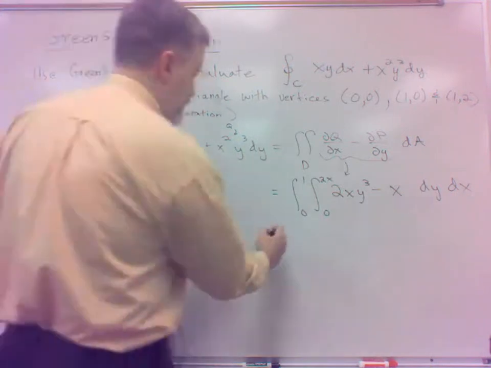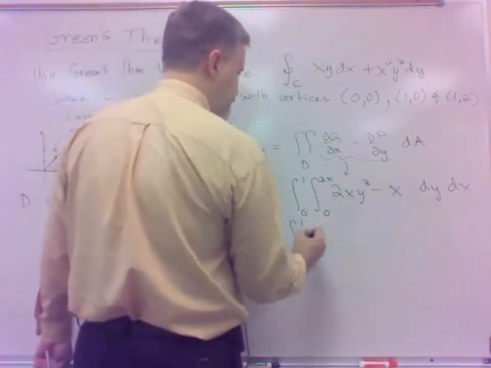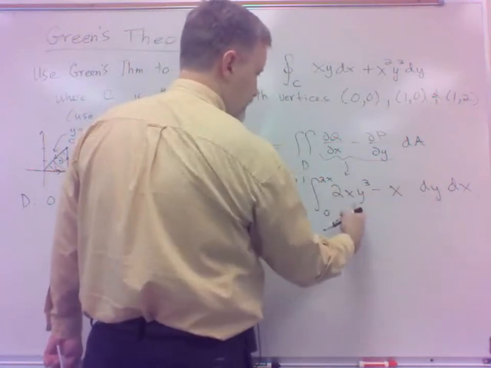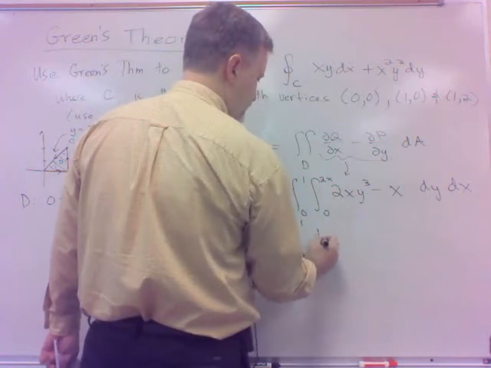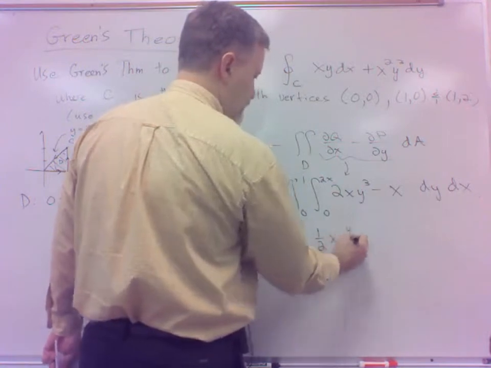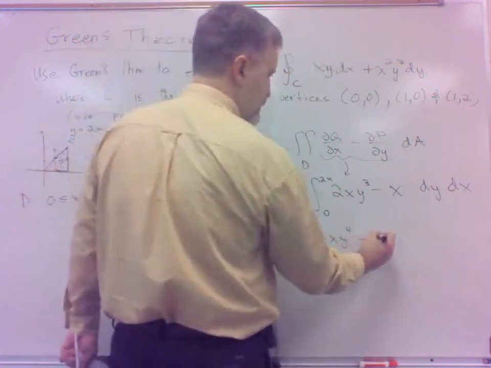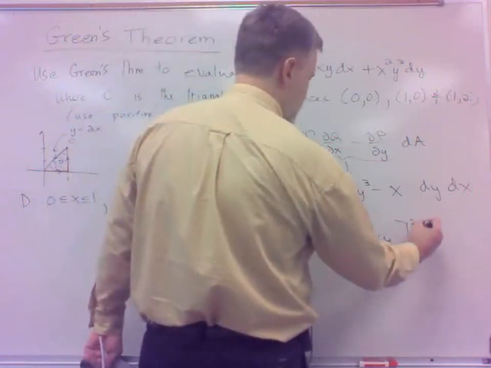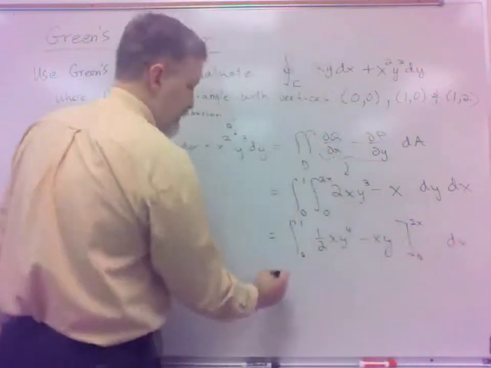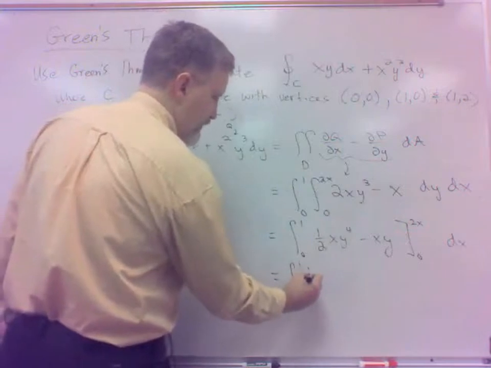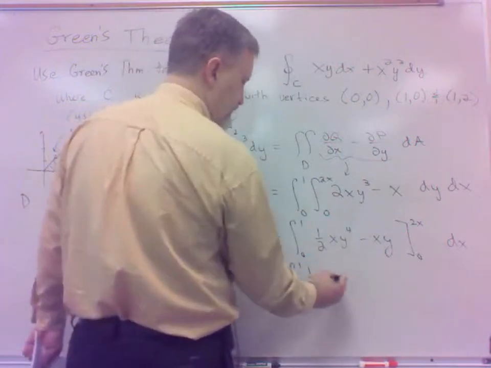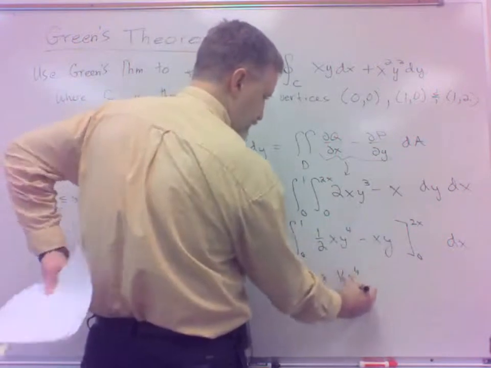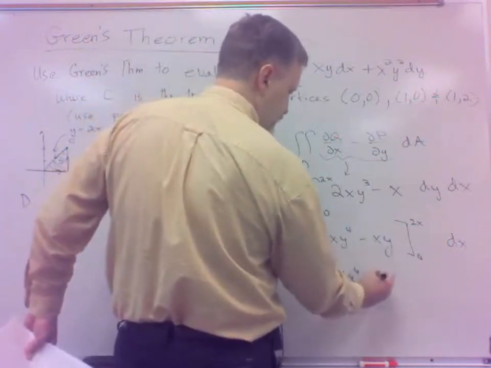All right, so this would be 0 to 1. We're doing integral with respect to y for this one, so that would be what? 2/4, so that would be a half xy to the fourth minus just xy, yeah. And then the y goes from 0 to 2x. So that would be integral 0 to 1, a half x times y to the fourth, so it would be what? 16x to the fourth minus x times 2x, so that would be 2x squared.